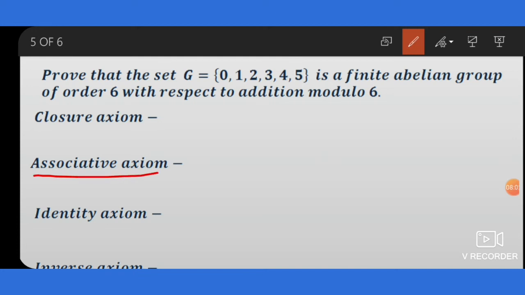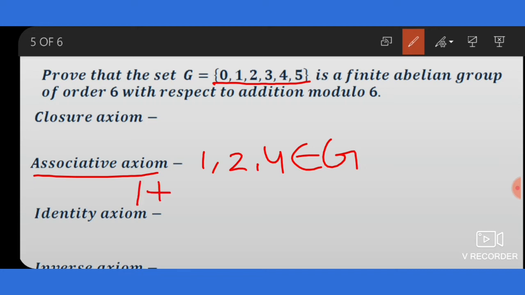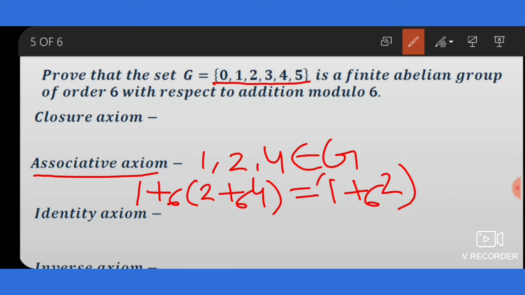Associative axiom. We take any three elements of this set: 1, 2, 4. By the definition of a group, 1 addition modulo 6, (2 plus modulo 6, 4) equals (1 plus modulo 6, 2) plus modulo 6, 4.